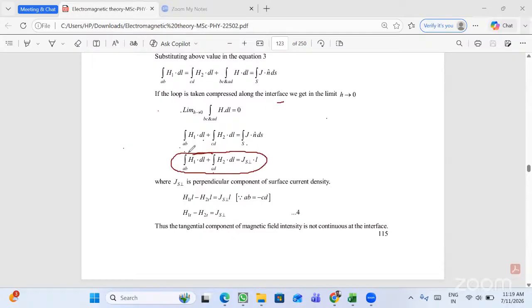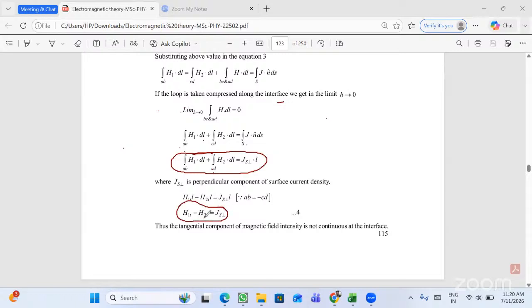And we know that if you do the integration, we will get H1t minus H2t, and we know that both are in opposite directions, so we get the negative sign here. And on the RHS, we get J_S perpendicular L. So if we remove this L, we get H1t minus H2t is equal to J_S perpendicular.